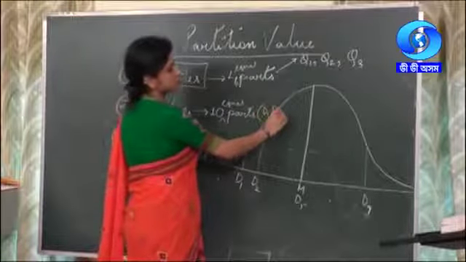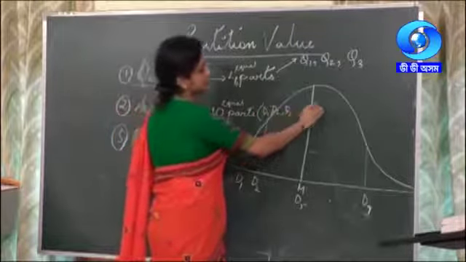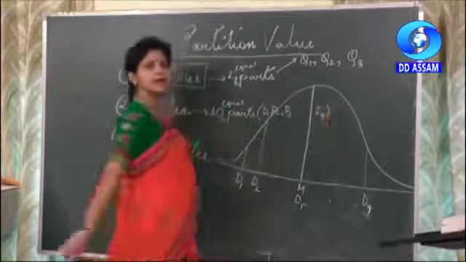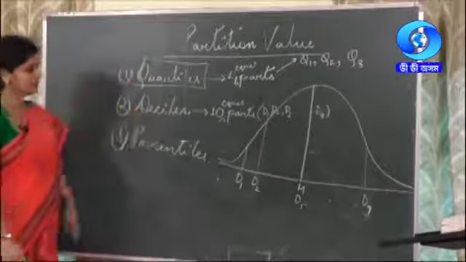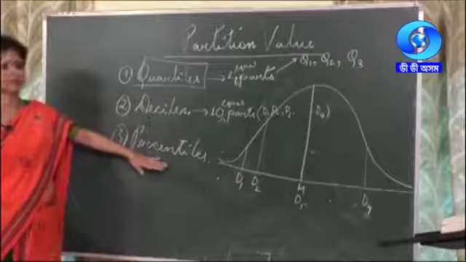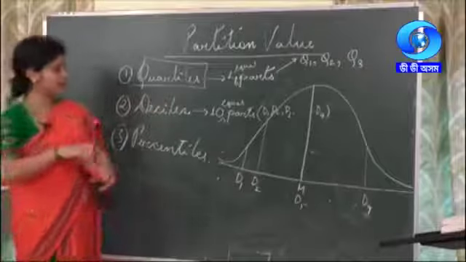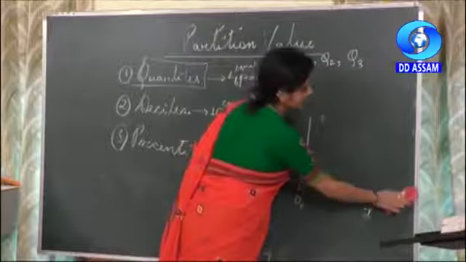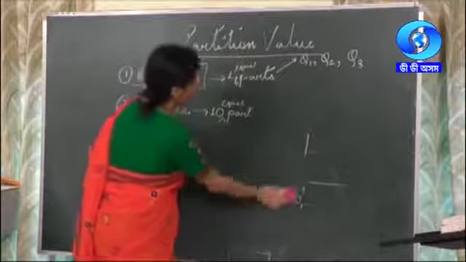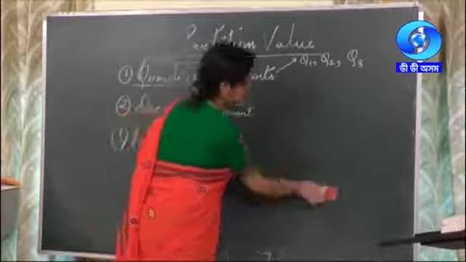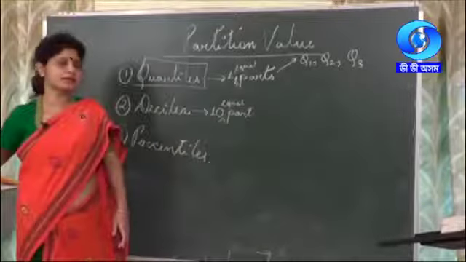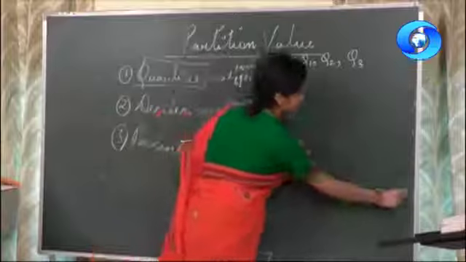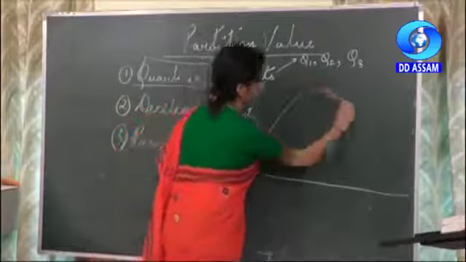D1, D2, D3 etc. up to D9. Okay, and then we go to percentiles. Just like quartiles and deciles which divide a distribution into 4 parts and 10 parts respectively, percentiles divide a distribution into 100 equal parts.